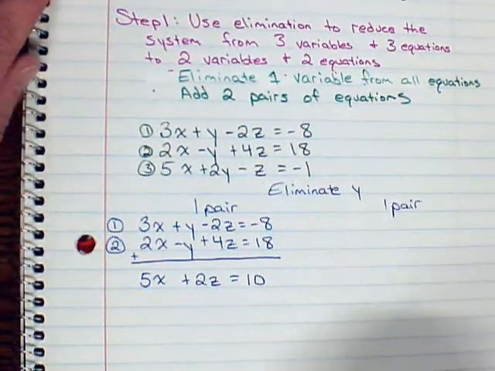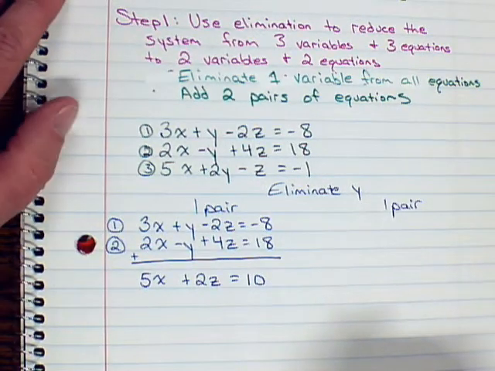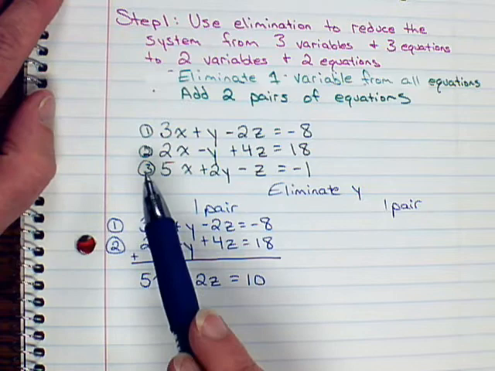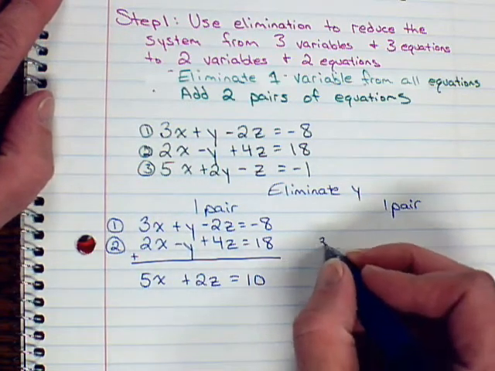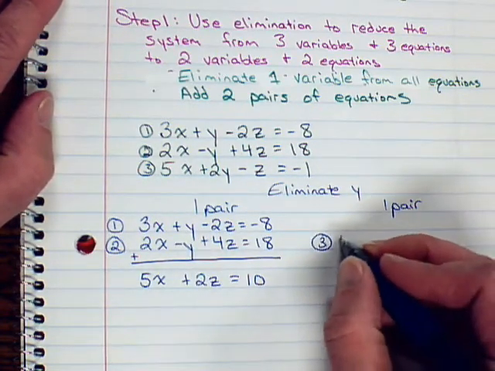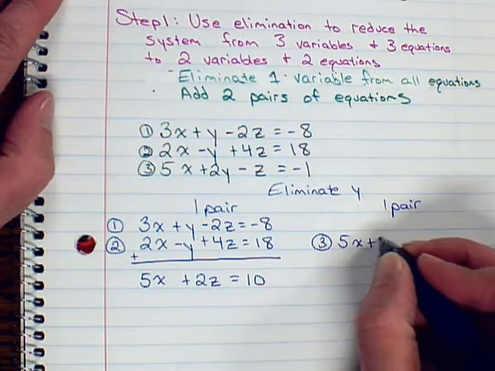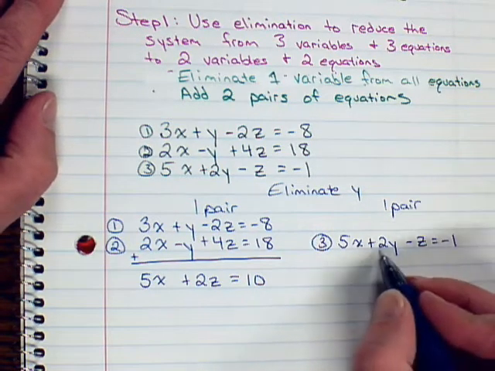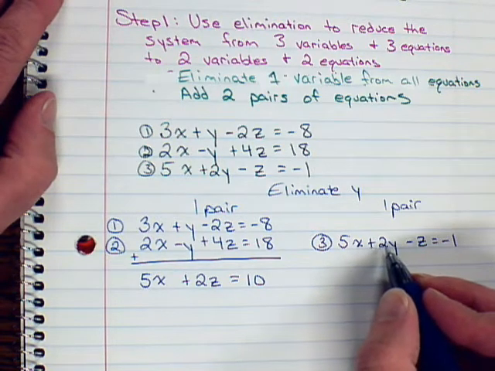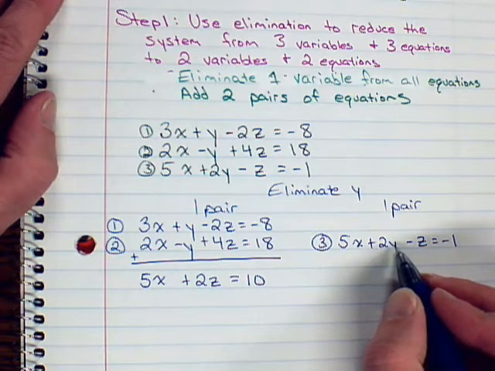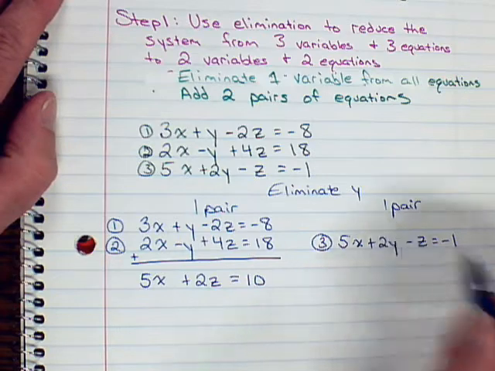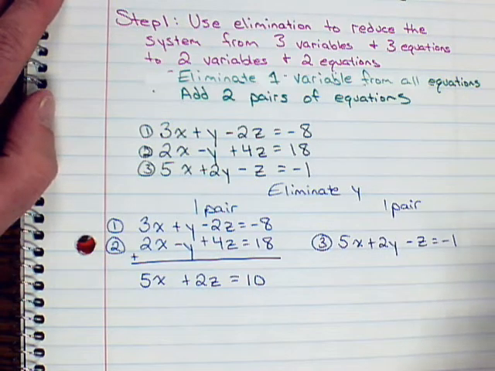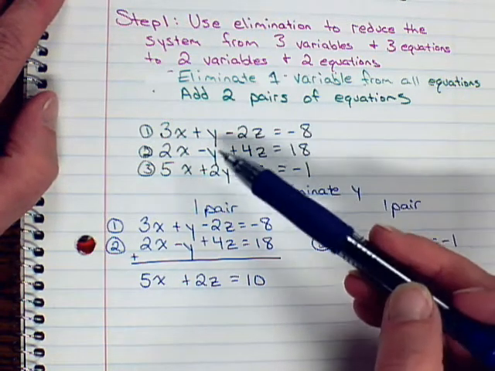Now let's take another pair. We can't use the same ones. We need to get 3 involved. So let me go ahead and write down 3. I know that's going to be one I want. 3 is 5x plus 2y minus z equals negative 1. Again, I'm trying to get rid of y. So if this one's 2y, I'd like the other one to be negative 2y. So let's look back up here.